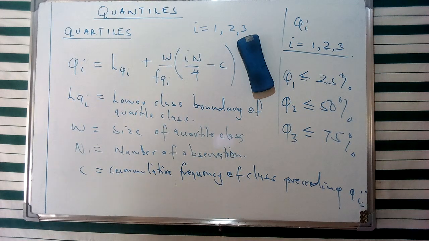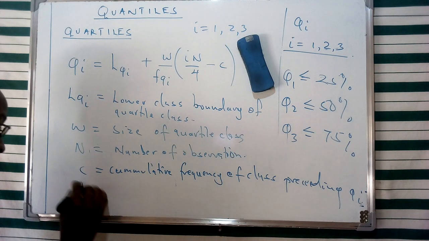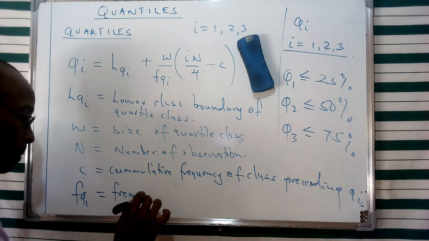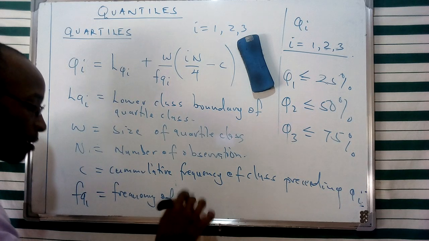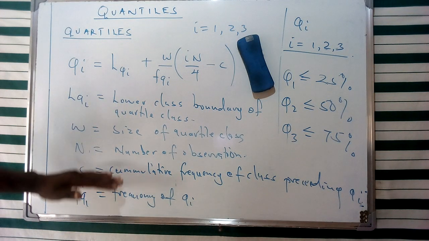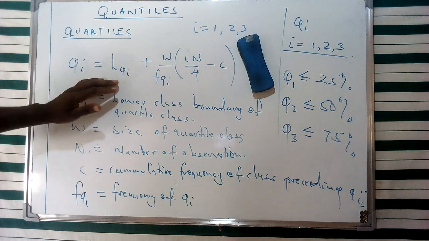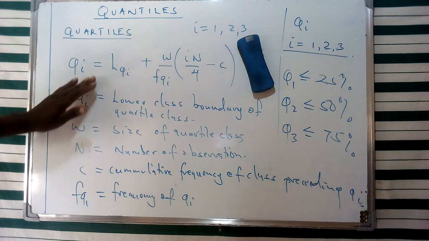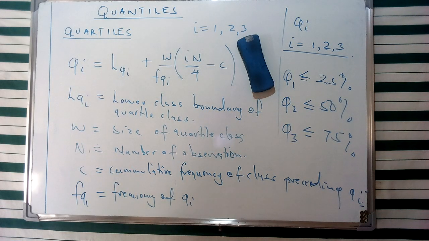And then we're going to see that for the FQI, this is going to be the frequency of the quartile class, given as such. So this is going to be the relationship between these specific variables or quantities which I've given, which of course give us a representation for the ith quartile of a specific set of data.